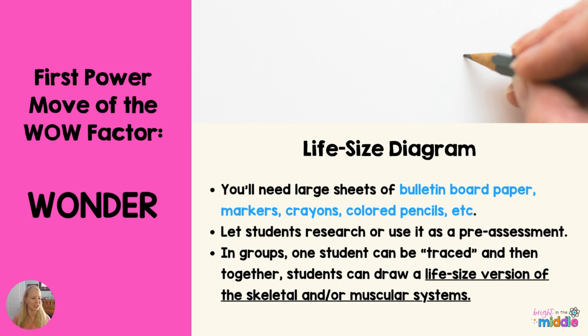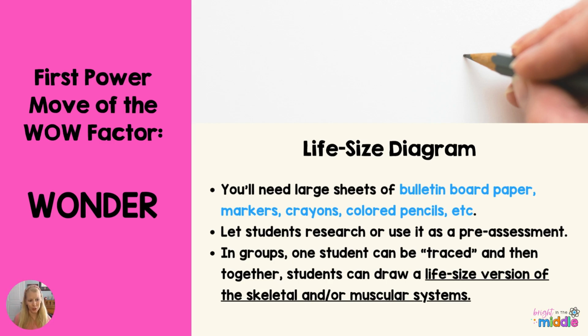So what you'll need is you go get that bulletin board paper and you have your students spread it out all over the floor. And if there's not any room in your classroom, you can use the hallways, or maybe you can talk the coach at your school into using the gym. Just wherever you can find a space, get those large pieces of bulletin board paper that will fit your student's whole body onto it.